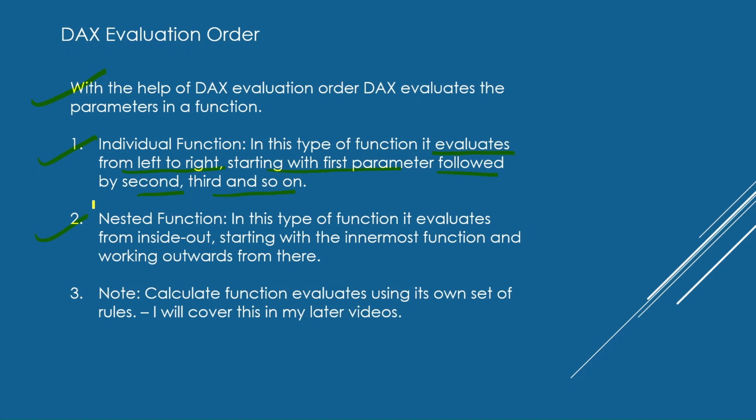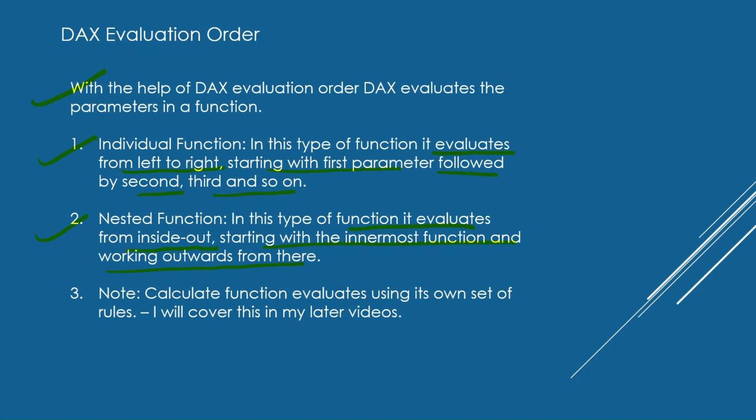Let's discuss what happens if the DAX query is a nested function. In this type of function, it evaluates from inside out, starting from the innermost function and working outwards. Suppose there is a nested function with level 2, level 3, level 4.